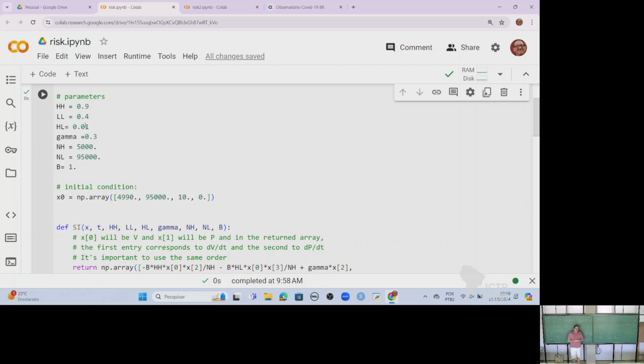And this here is a quantification of the contacts between the two groups, because people are not completely separated.